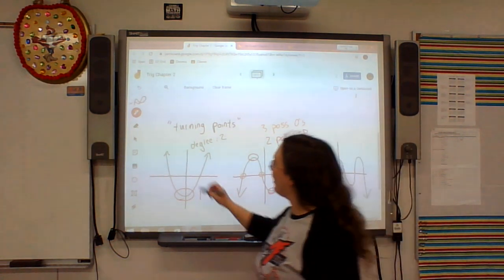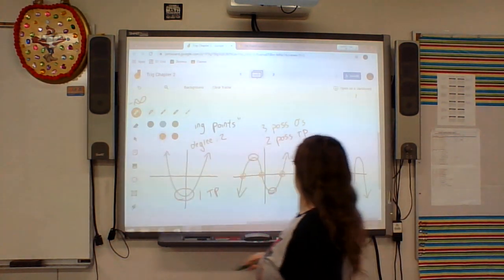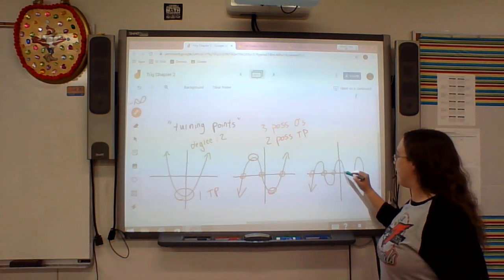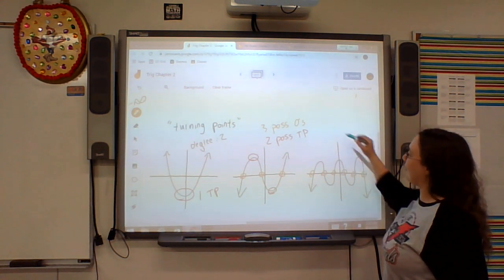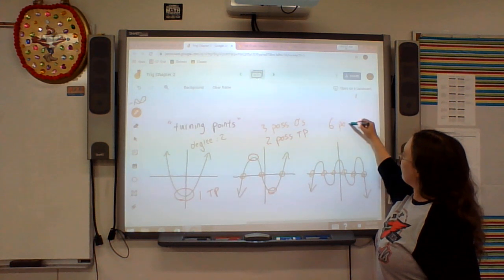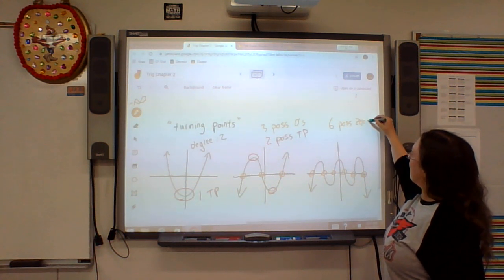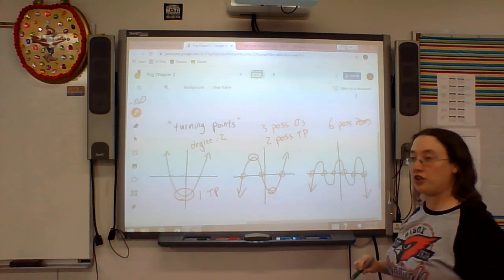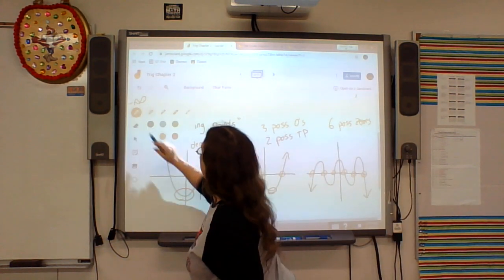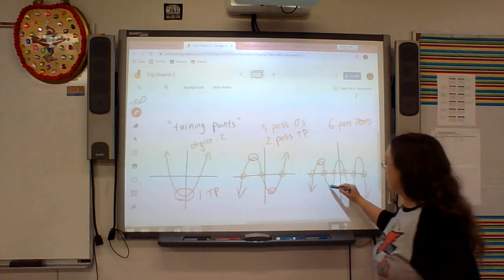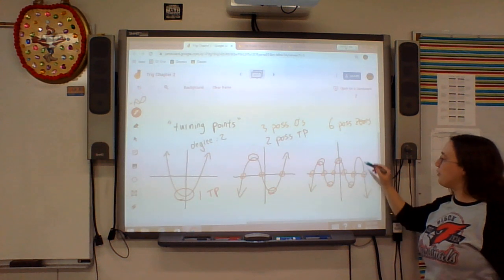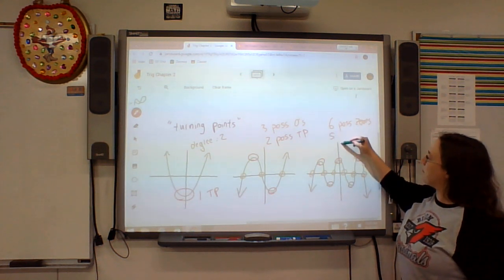Over here, if we've got 1, 2, 3, 4, 5, 6 possible zeros, which makes this a 6th degree function, we've got 1, 2, 3, 4, 5 possible turning points.